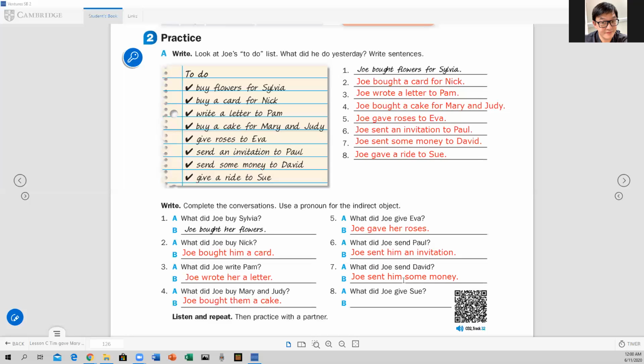And the last one, what did Joe give Sue? Joe gave a ride to Sue. Or Joe gave her a ride. Okay? Simple. That's it.